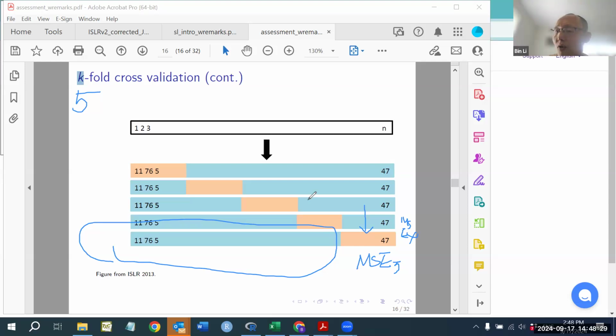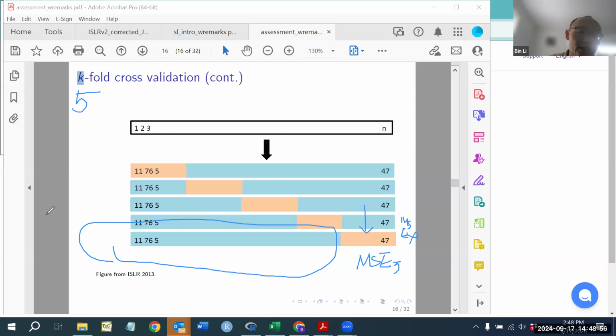That will be the overall performance, and we call it the cross-validation error. It's not just validation, it's cross-validation, because each observation appears once and only once in the validation set. So that's called K-fold cross-validation.